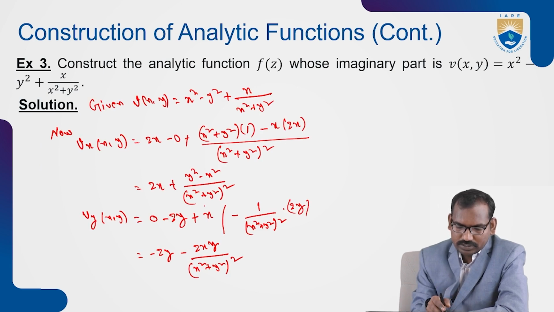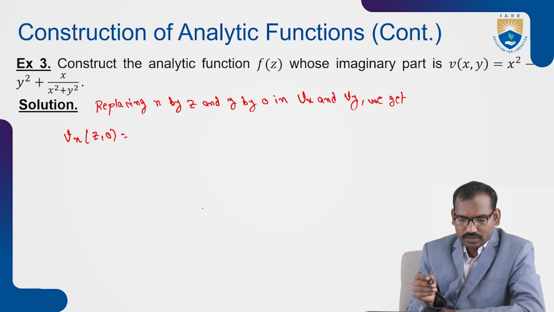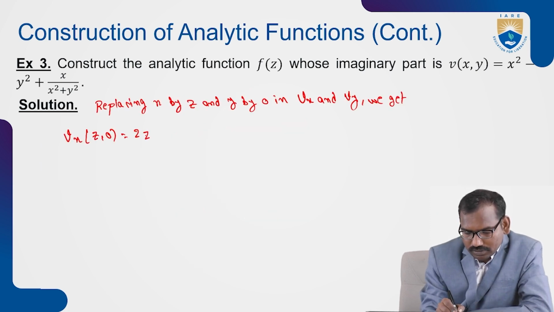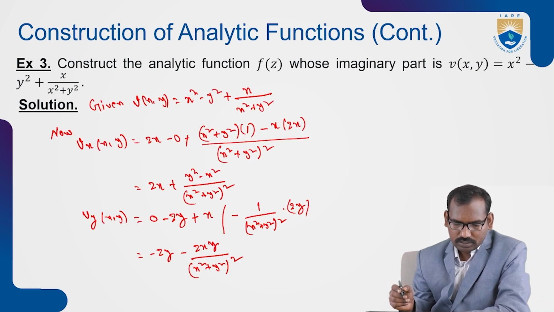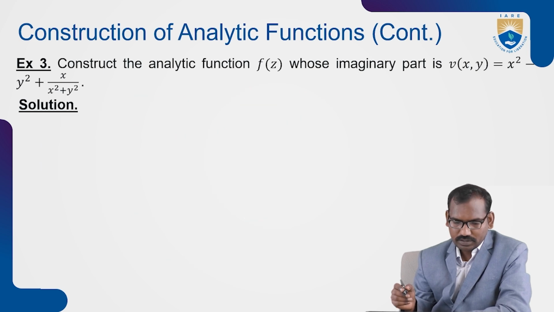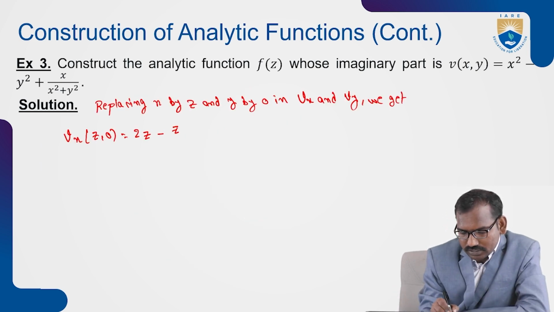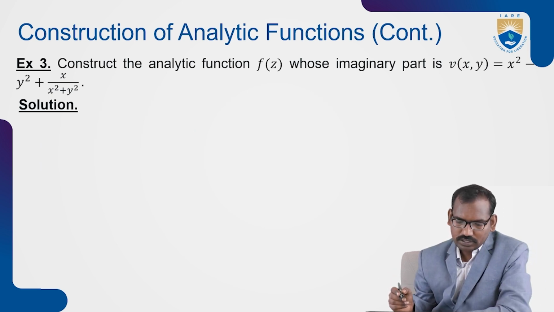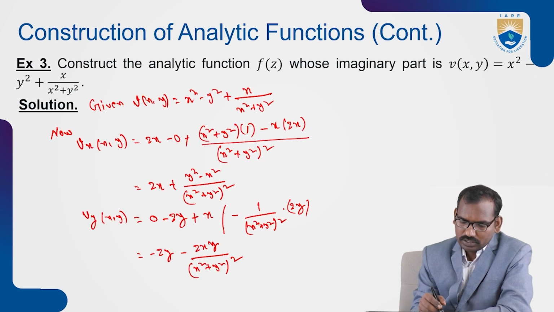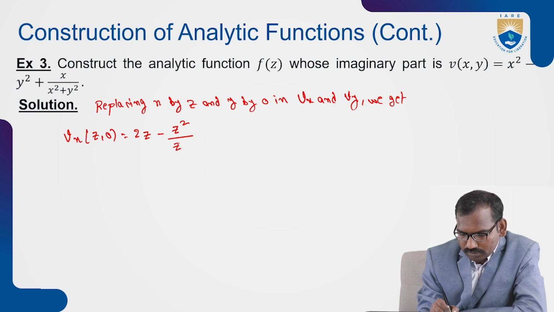V sub x at z comma 0. The first term will become 2z, right? 2z plus, okay, I'll write 2z minus z square, minus z square by the denominator, which is z square whole square. So it is z to the power 4.